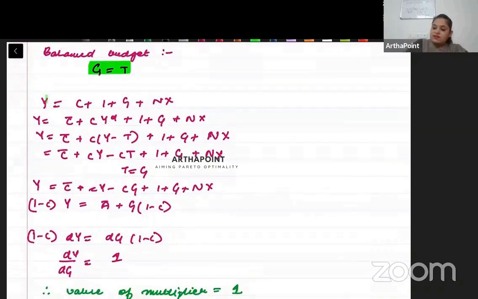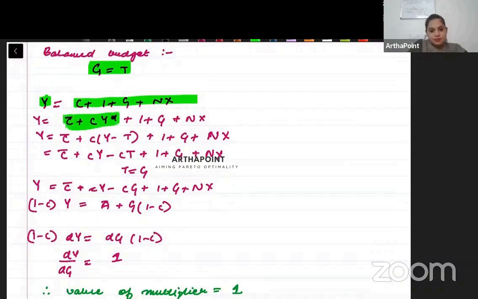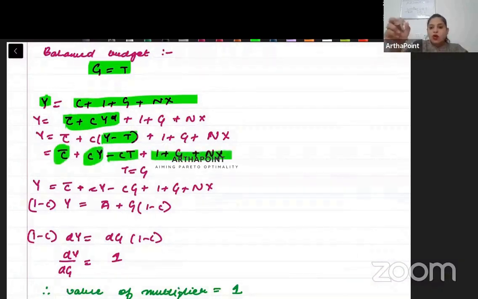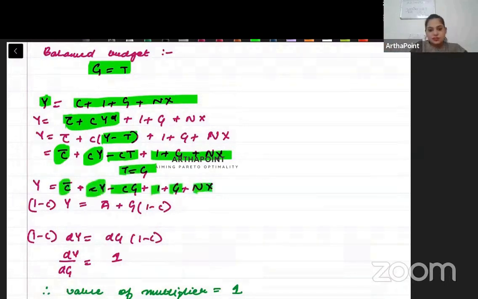So you can take Y is equal to C plus I plus G plus NX. C can be C bar plus cYD. YD is disposable income. Disposable income is income minus taxes. So this will be C bar plus cY minus cT plus I plus G plus NX. Instead of T, you can write G. So it will be C bar plus cY minus cG plus I plus G plus NX.